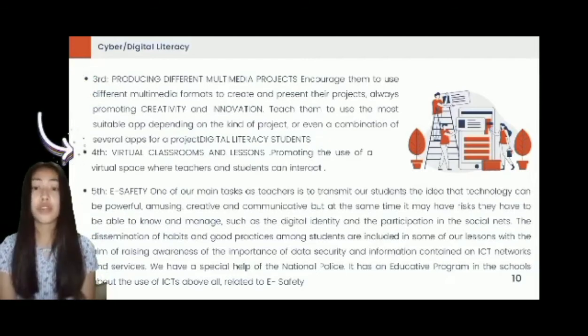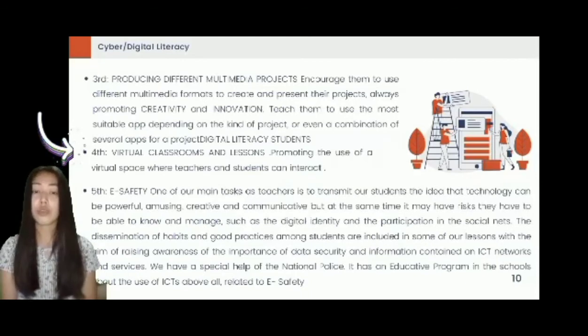So for the fourth one, we have virtual classrooms and lessons. So here, promoting the use of a virtual space where teachers and students can interact. So if we are digital literate, as a teacher, we can interact with our students even in this pandemic through the use of different virtual spaces such as Google Meet and Google Classroom.